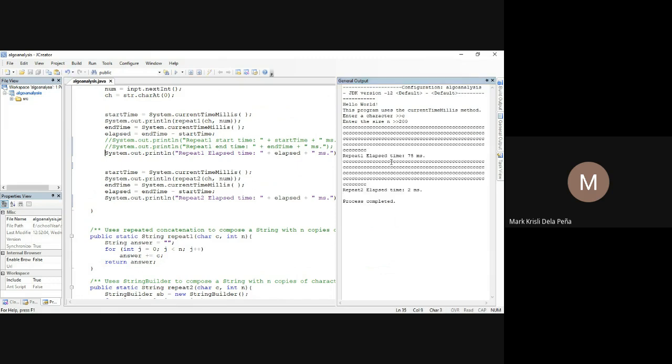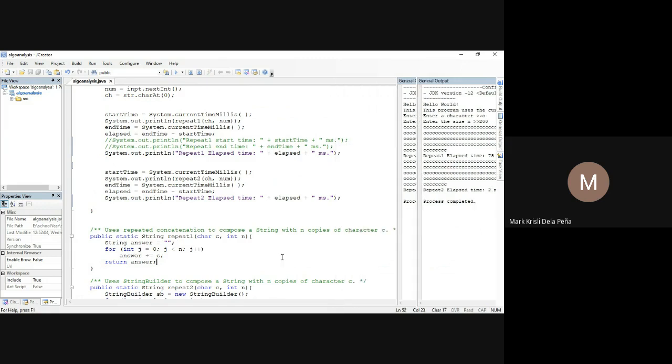For my repeat one method, it took 75 milliseconds to display 200 Cs, while my repeat two method only took 2 milliseconds to display these 200 Cs.